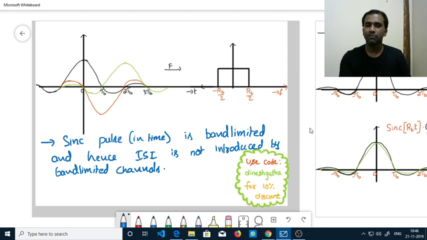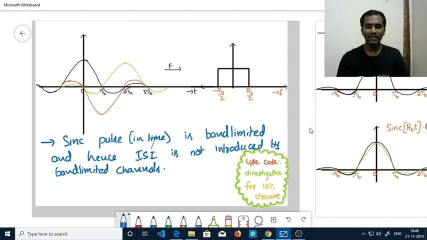Here I've taken the example of a wired channel, but for wireless channels also we will have a similar problem. If you send rectangular pulses, since wireless channels are band limited, you'll have the ISI problem. So for wireless channels also, the signals we transmit should be band limited in nature. Otherwise, wireless channels will also introduce ISI.